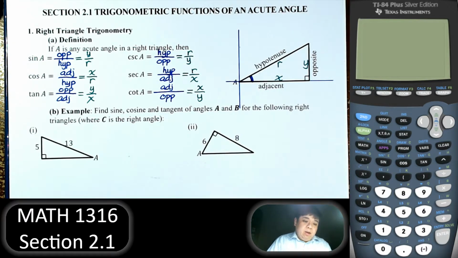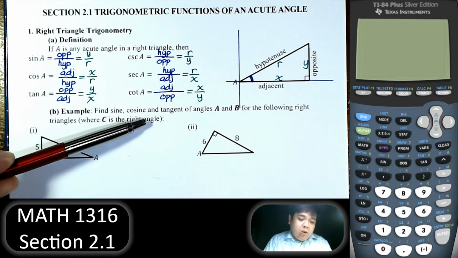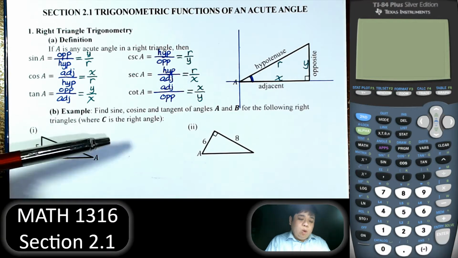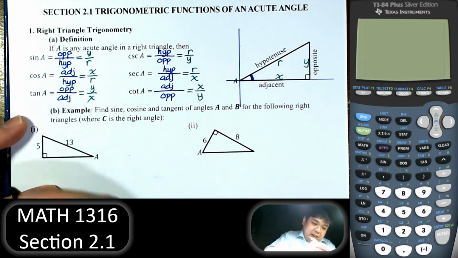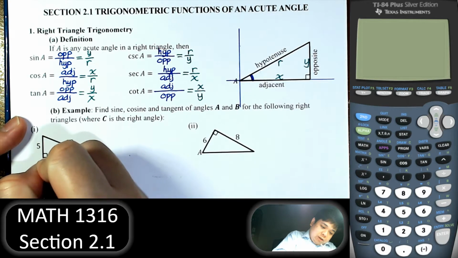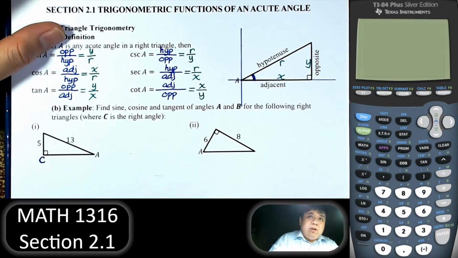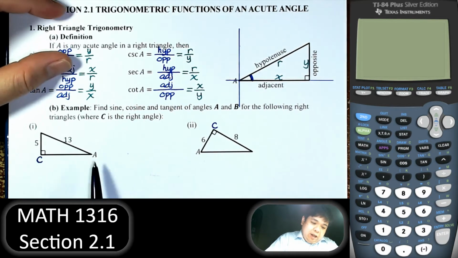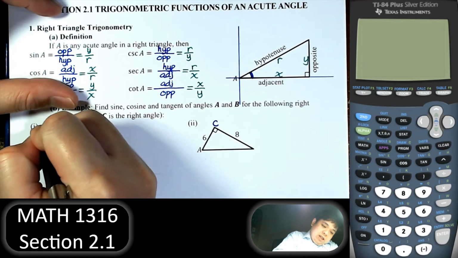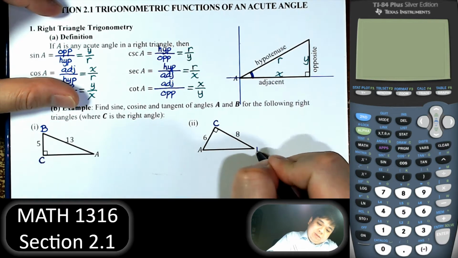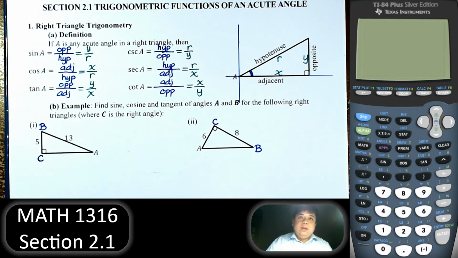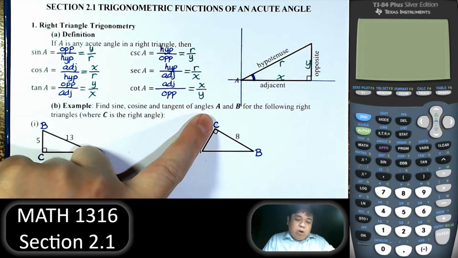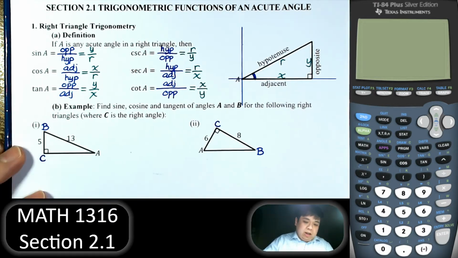Next, find sine, cosine, and tangent of angles A and B for the following triangle, where C is the right angle. So we have C here as the right angle, and if this is A, the other one is going to be B. Find sine, cosine, and tangent of angle A and then angle B. So there are two of them.